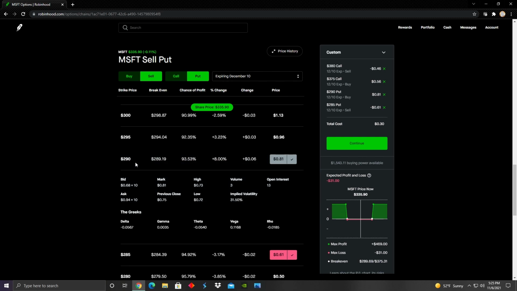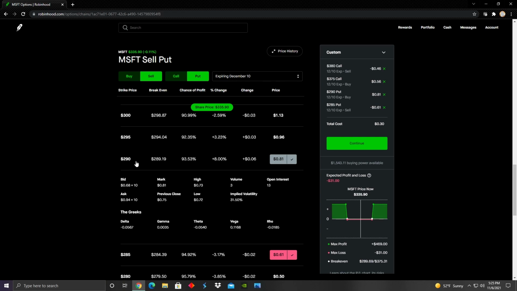So remember that whenever we're dealing with options, we have to multiply the values by 100. So in this case, if it's $31 of max loss, what that really means is that in order for us to experience that $31 profit, we have to lose 31 cents beneath $290 for the strike price of our long put.